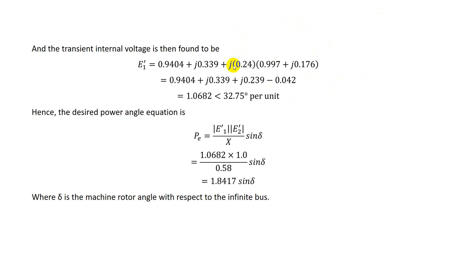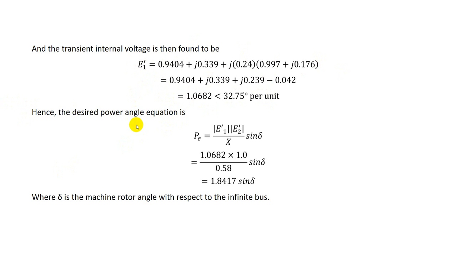This is the reactance value, and this is the value of current. If I multiply the value of reactance and the value of current, I will get voltage. So by adding these two voltages, I got this value.